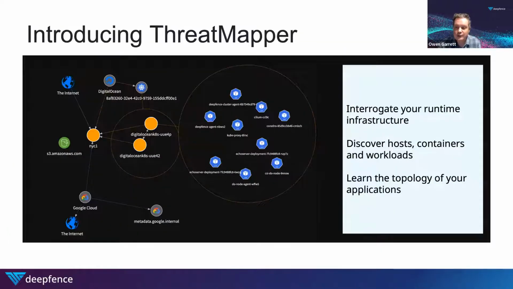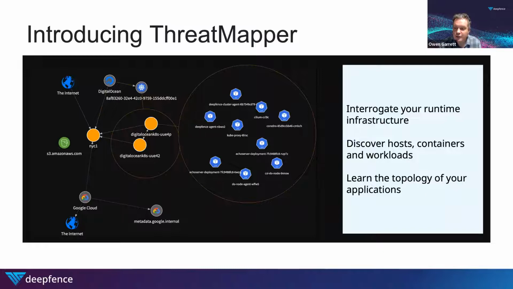ThreatMapper brings 3 core capabilities. It allows you to interrogate your runtime infrastructure to discover the hosts, the containers, the workloads that are running on a local environment, on remote clouds, and across multiple clouds, supporting containers, Kubernetes, Docker, Fargate as a feature in 1.2, and of course, bare metal and virtual machine workloads as well.